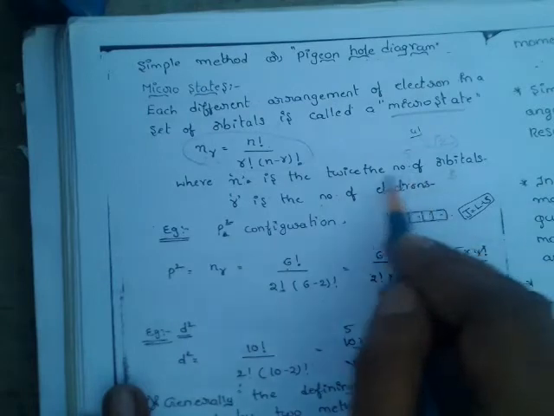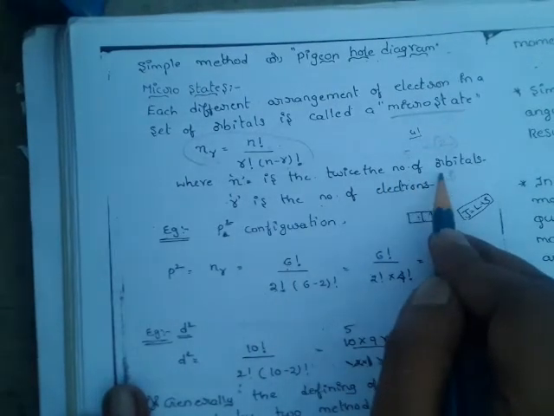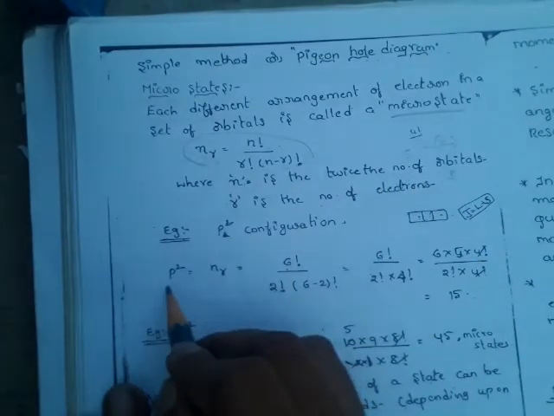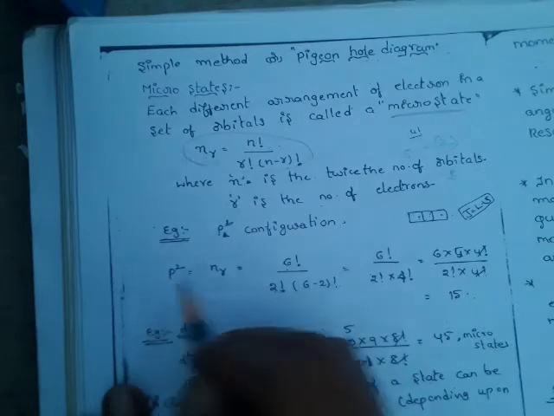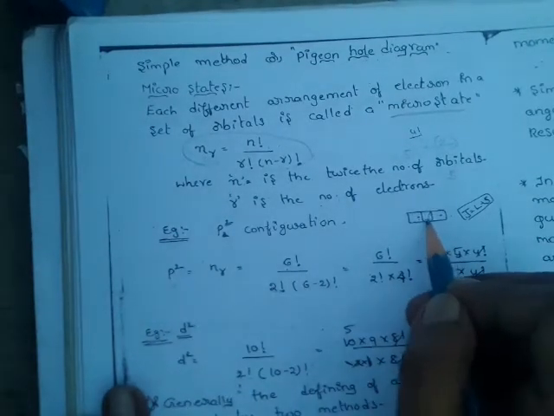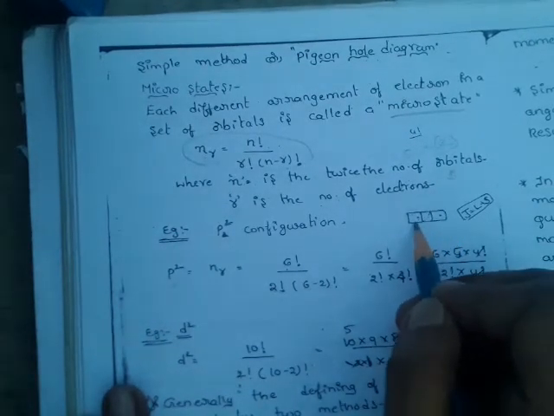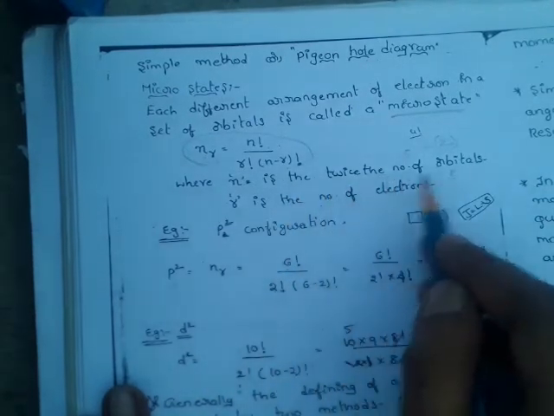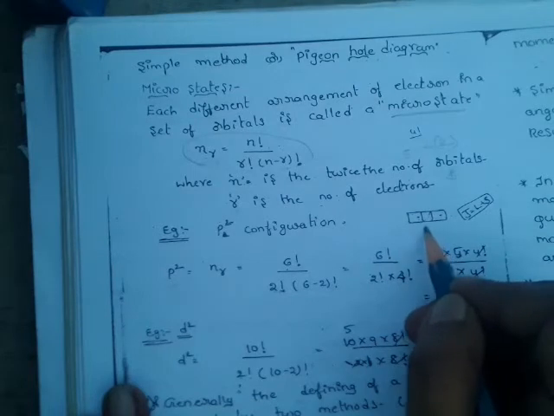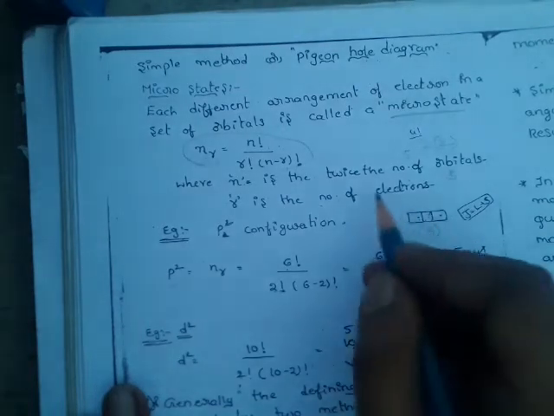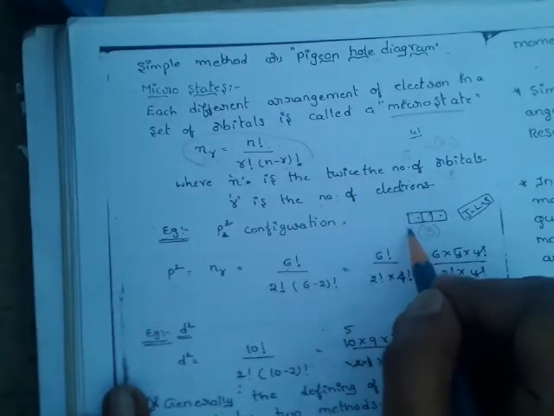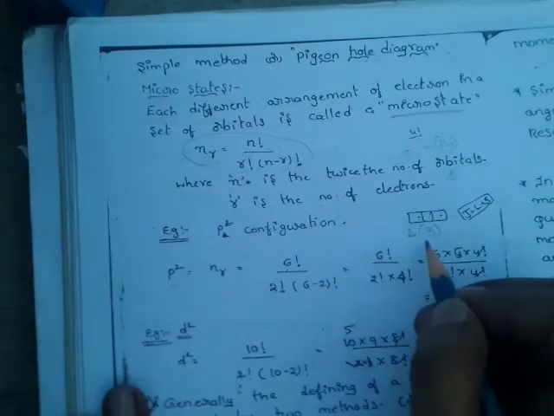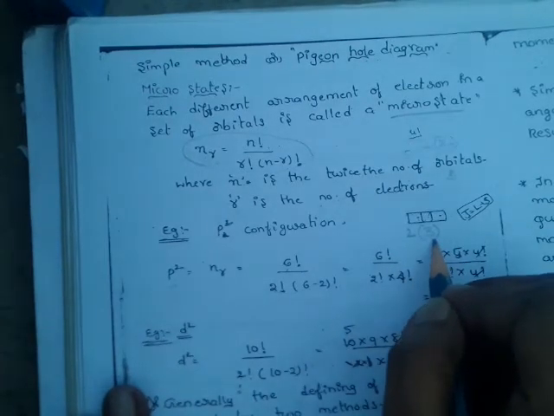N is twice the number of orbitals. How many p orbitals are there? 1, 2, 3, so 3 p orbitals are there. So 2 into 3 means 6.